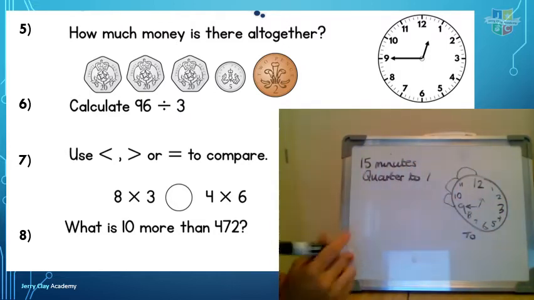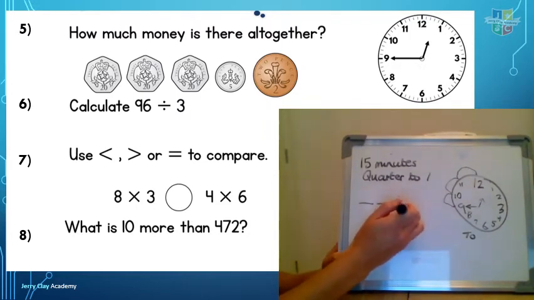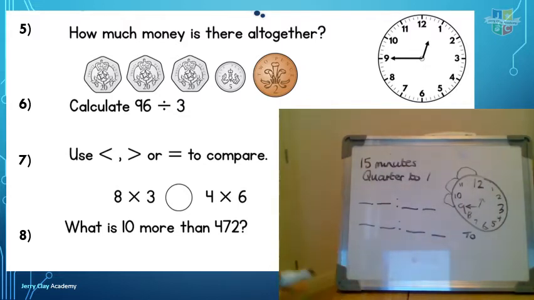Our hand is on its way to the 1, so it's quarter to 1. Now, if we were to write this as a digital clock, as AM and PM, remember this time, even though it is 15 minutes to, I wouldn't put 15 minutes here because I want to know how many minutes past it is.